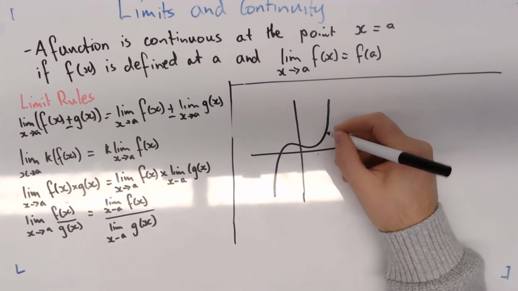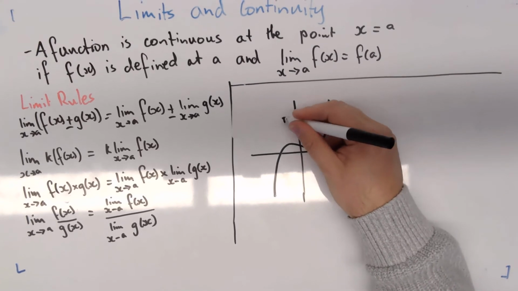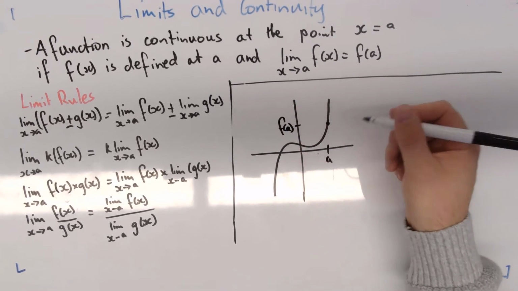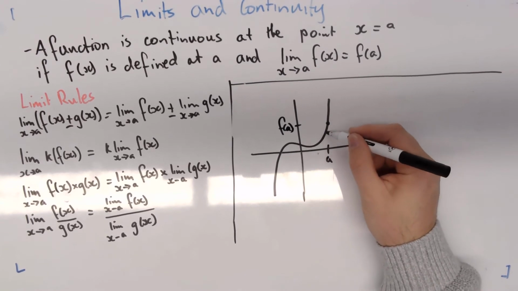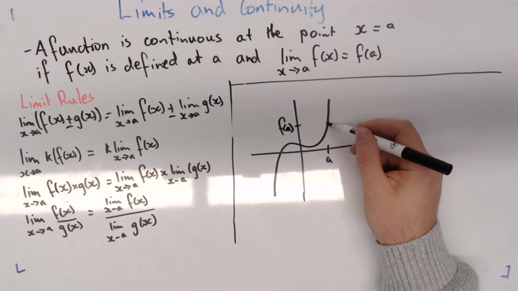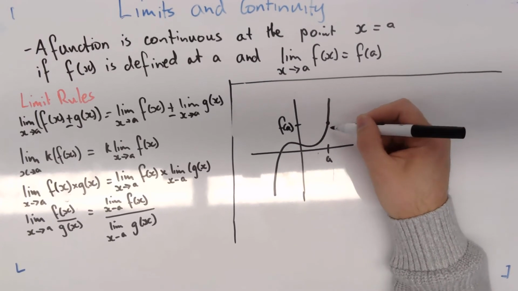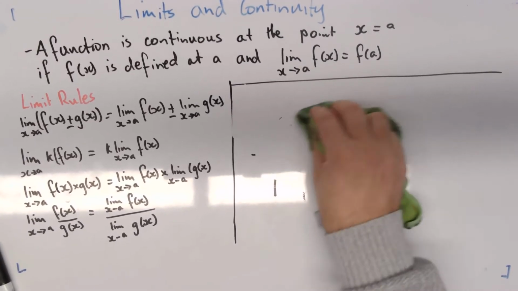If I put some value a into our function here, I get this value f of a. And if I approach this, taking the limit from the left, as our function approaches a, it is going to equal f of a, and that doesn't matter if I come from the left or come from the right. So that's nice and continuous.